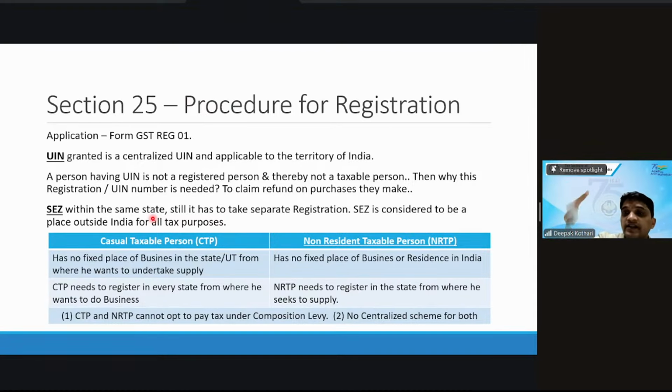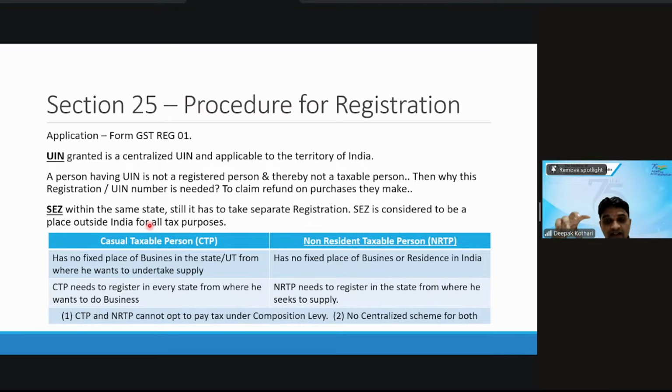So SEZ, even though it is in some state, will be within a state, but an earmarked or separate boundary will be there for it, and they will call it a special economic zone. Now, any entity in this SEZ zone will export goods, and say in that same state I have a registration, or I have an office outside the SEZ zone.